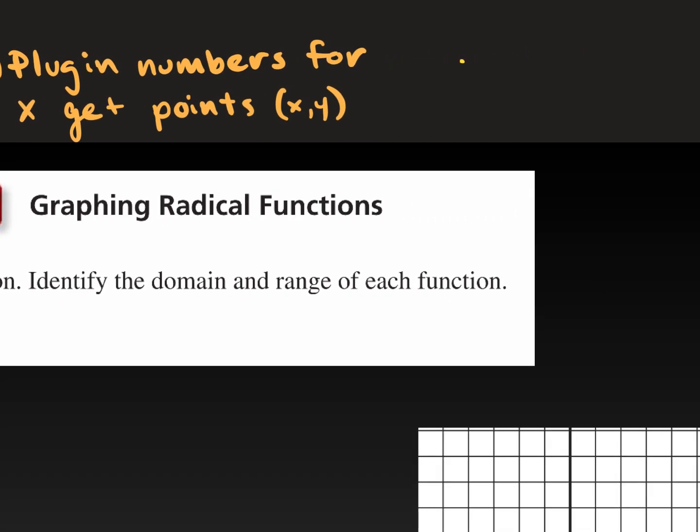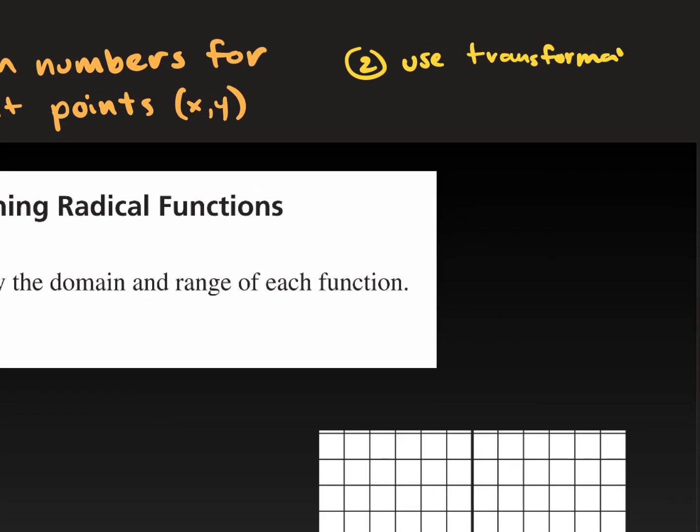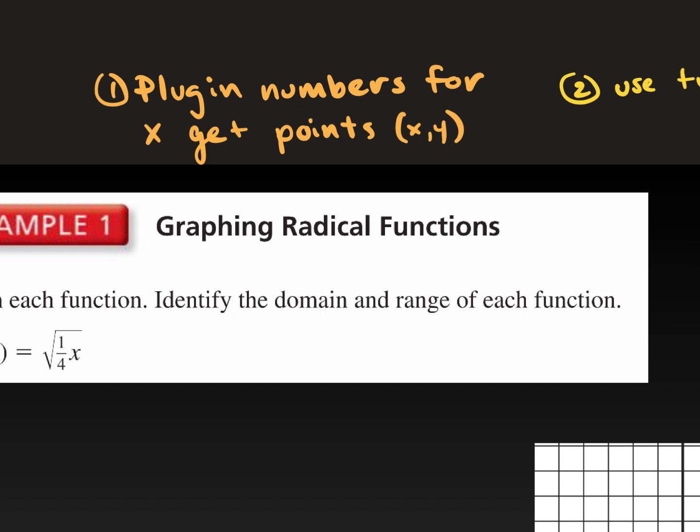The second way we're going to graph is to use the transformations. But we'll do that in the last couple examples. So for now, we're going to be plugging in numbers for x and getting our points.